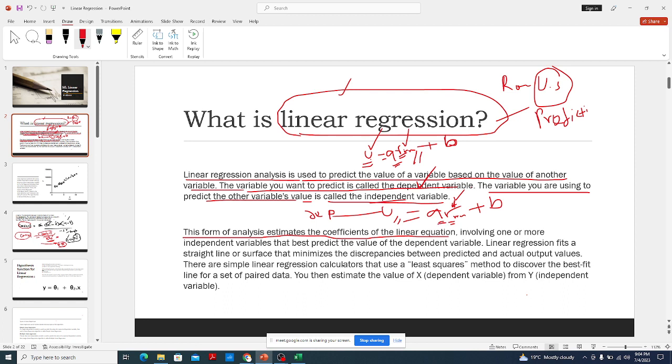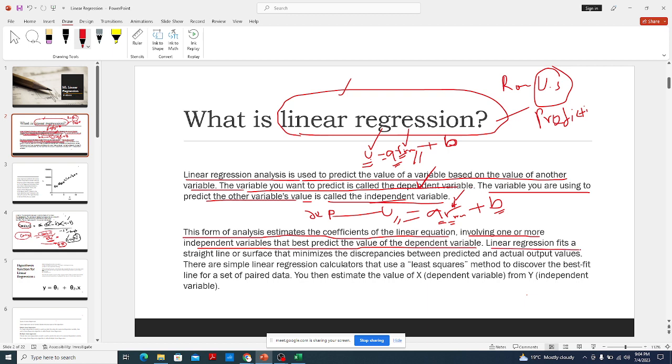So this form of analysis estimates coefficients of a linear equation. Remember, we have these coefficients. The coefficients are our constants. So we have the coefficient of rainfall amount, and then we have the other coefficient, which is the y-intercept. So this form of analysis estimates the coefficients of the linear equation involving one or more independent variables that best predict the value of the dependent variable.